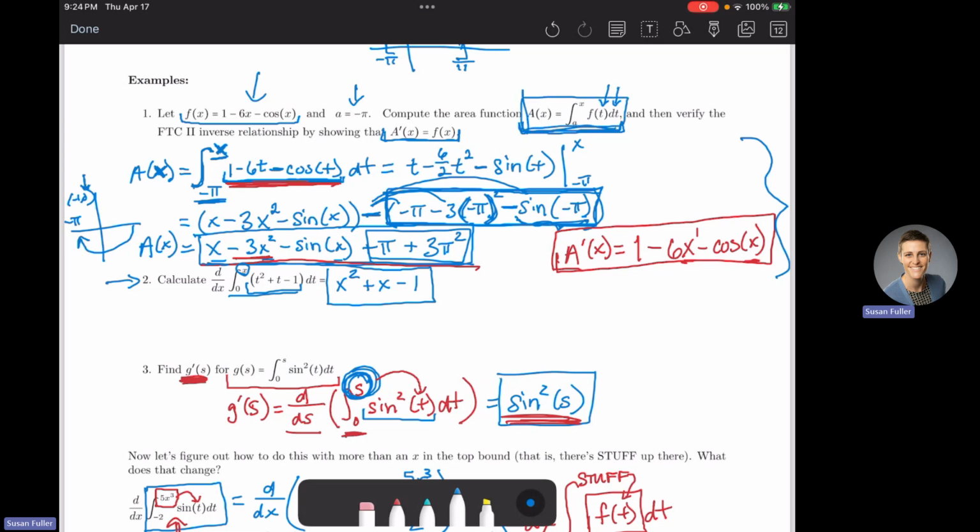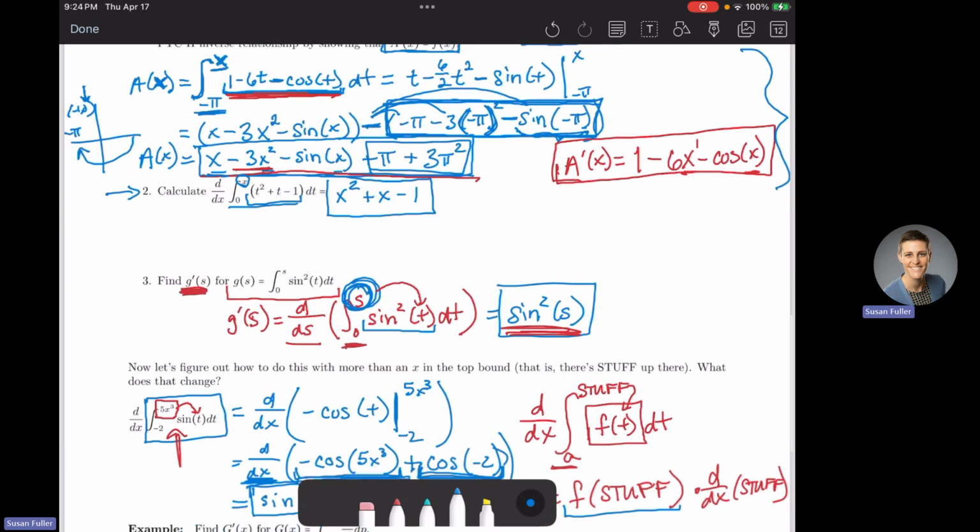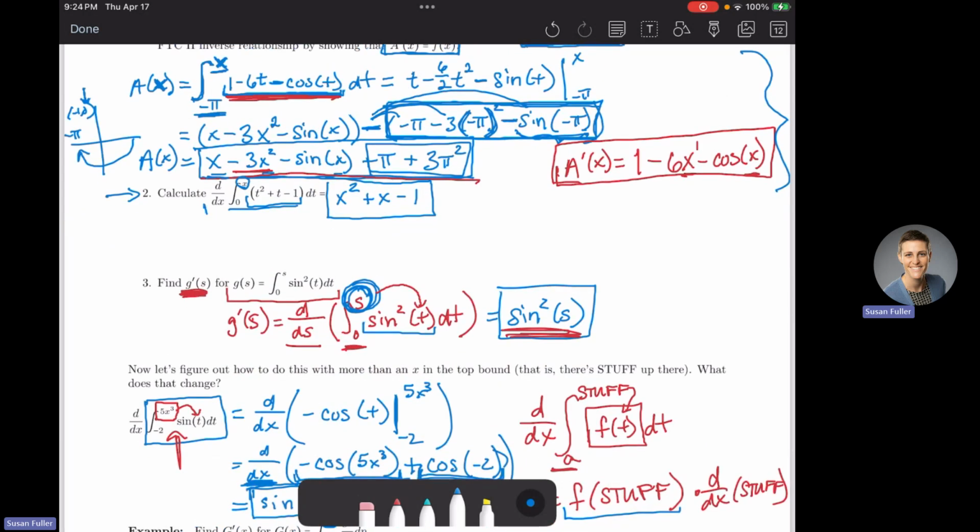If you're finding the area function itself, do the definite integral just like before. Antiderivative, plug your bounds in. Your bound is going to be a variable. Don't panic, just plug it in. But if you are taking the derivative of your area function, right, the derivative of an integral, that's when they're going to cancel out and you're going to get right back to your original function.